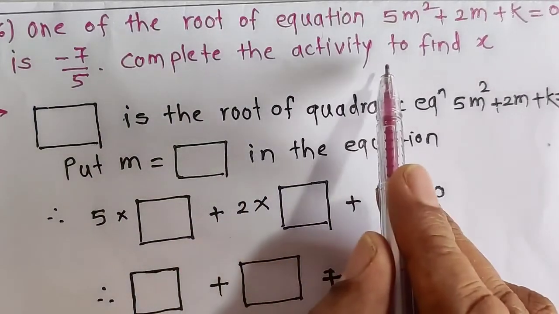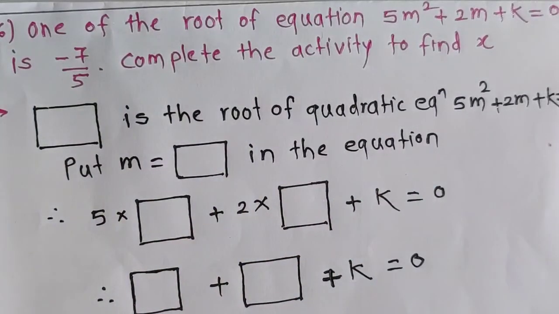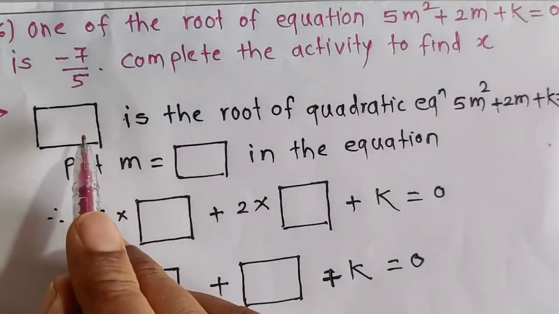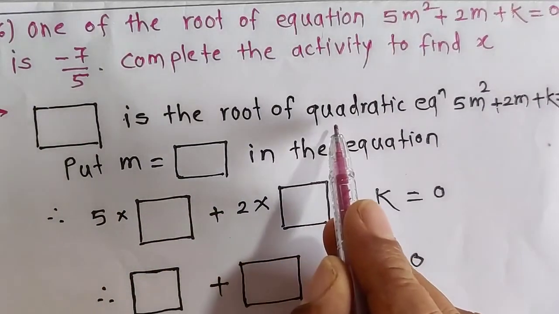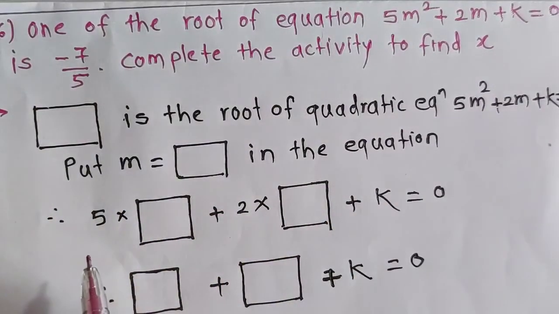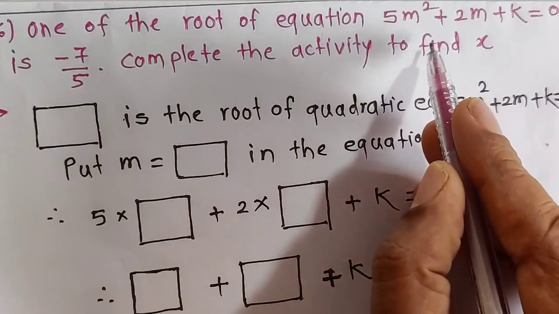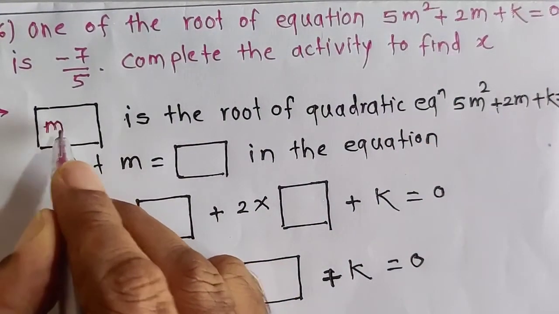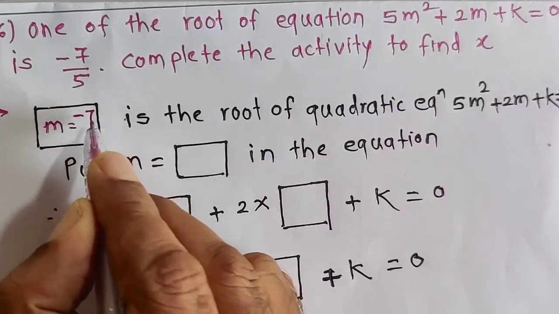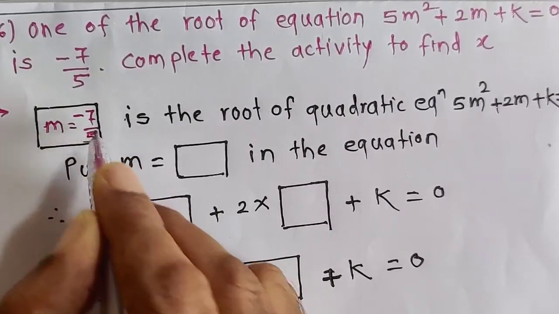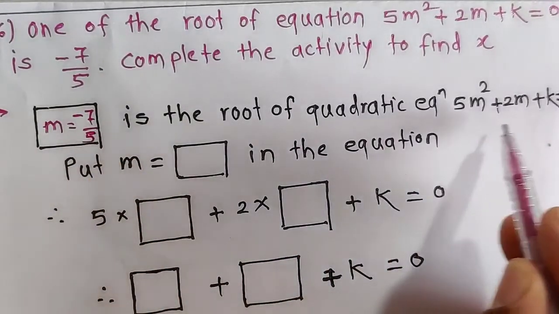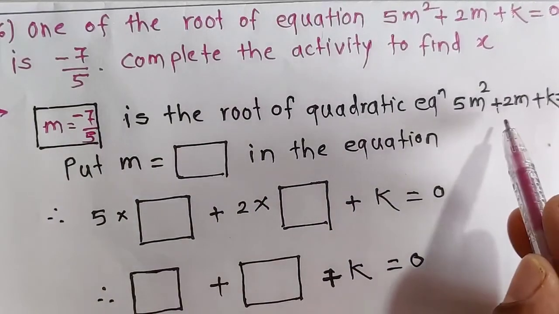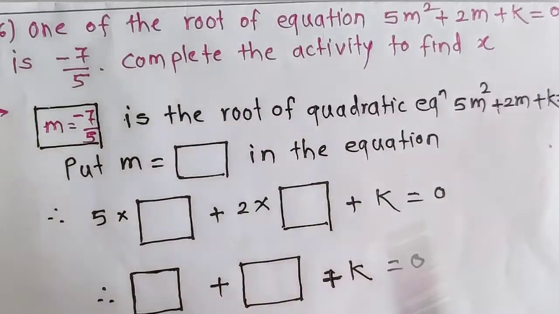Then complete the activity to find the value of k. So dash is the root of the quadratic equation. So it is the variable m. So m is equal to minus 7 upon 5 is the root of the quadratic equation 5m square plus 2m plus k is equal to 0.